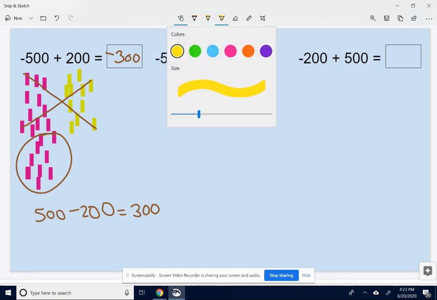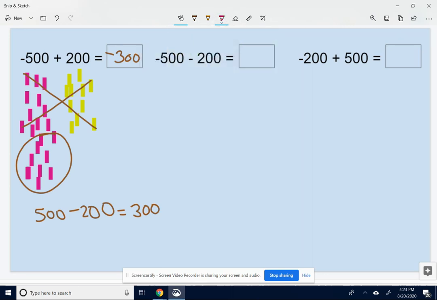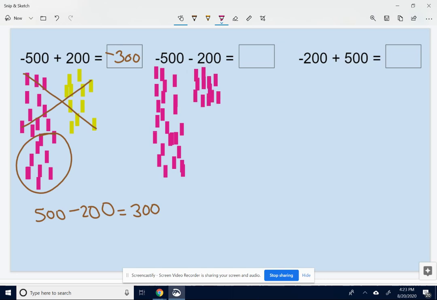Let's look at another one. I'm thinking of this as negative 500 minus 200, but I'm also thinking of this as just a pile of 500 reds and a pile of 200 reds. In this problem, nothing's going to go away. There are no zero pairs.